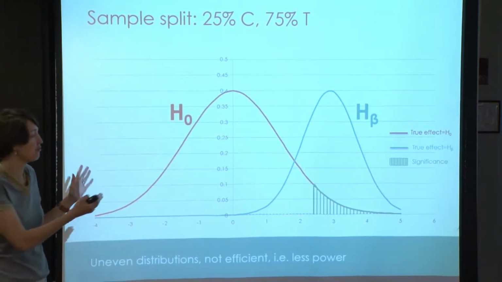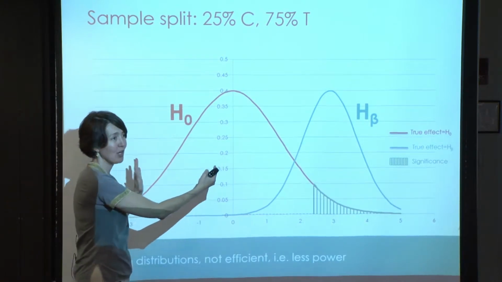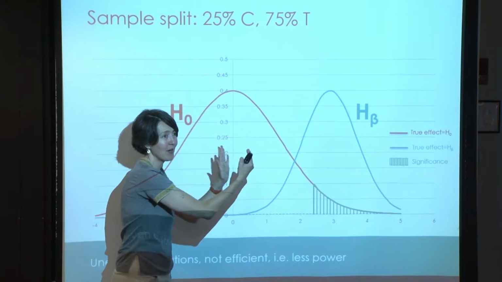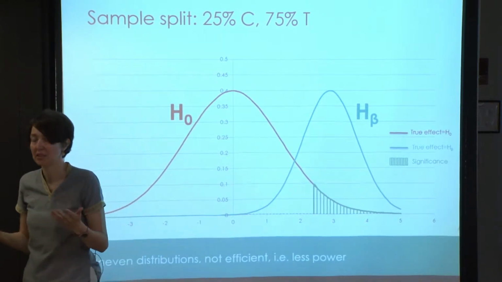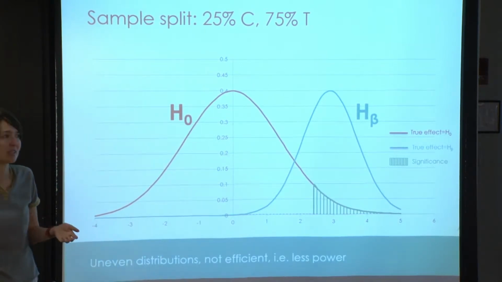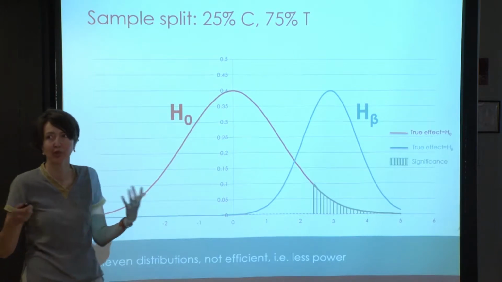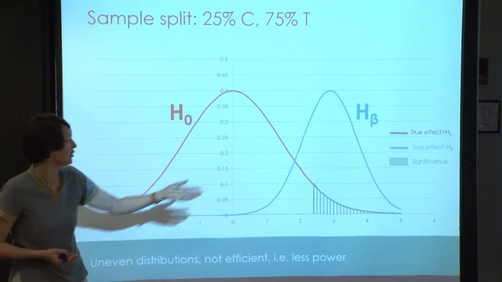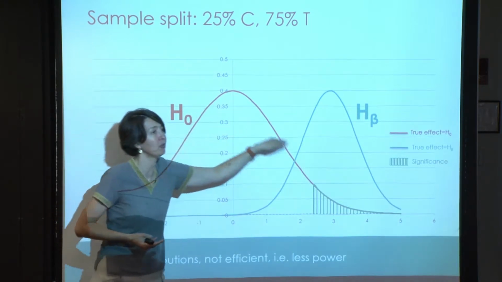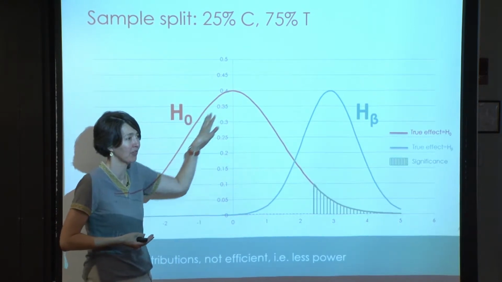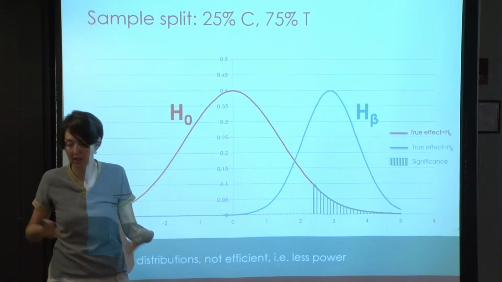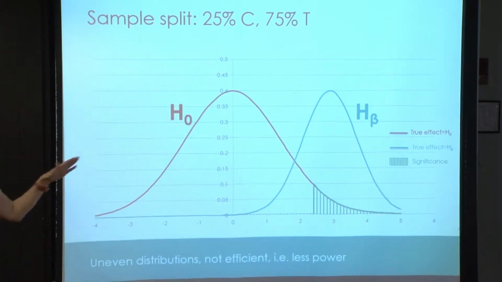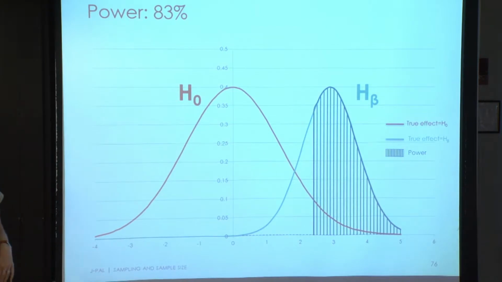If you want to reduce the overlap, it's most effective to make them narrow in the same proportion, basically because of diminishing marginal returns to more sample size. There's no point in putting all your sample size in the treatment group because the control is going to be big and fat, and you're going to get more of an overlap.